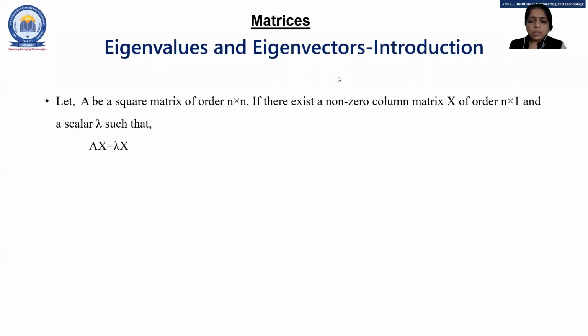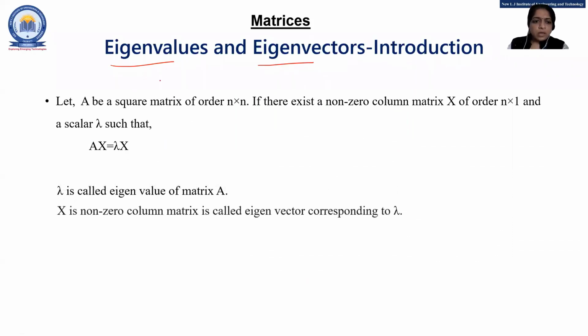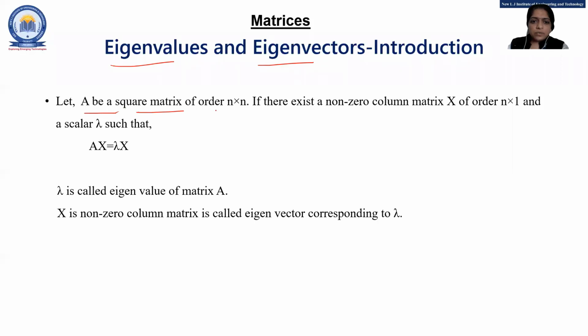Now, let's move on to eigenvalues and eigenvectors. Let A be a square matrix of order n cross n. If there exists a non-zero column matrix X of order n cross 1 and a scalar lambda such that Ax equals lambda x, then lambda is called eigenvalue and x is called eigenvector.